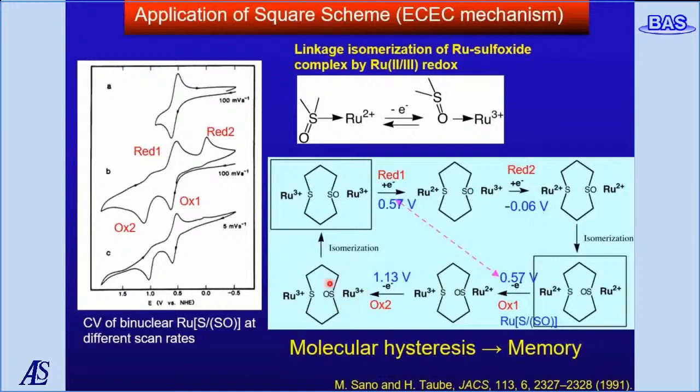Here, linkage isomerization occurred from S mode to O coordination mode in the ruthenium-3 state, and the reverse scan reduction wave at RED1 at 0.57 volt formed a mixed valence state of ruthenium-3 O coordination in the return reduction, followed by second reduction RED2 in this S coordination mode. After RED2, at the ruthenium-2 state, the linkage isomerization occurred from ruthenium O to ruthenium S mode.